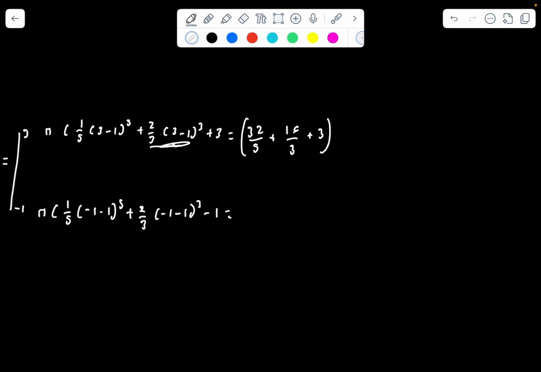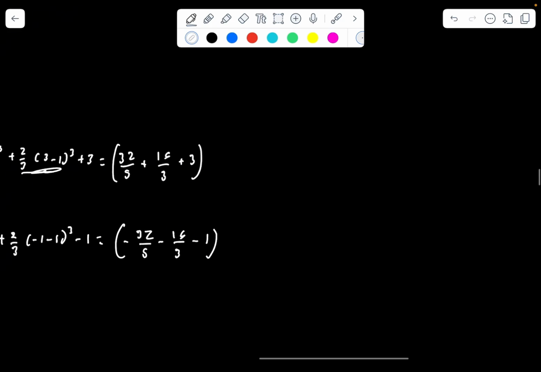And now we can go ahead and evaluate this right here. The first one is going to give us negative 32 over 5. The second one is going to give us negative 16 over 3. And then the last one, obviously, negative 1.